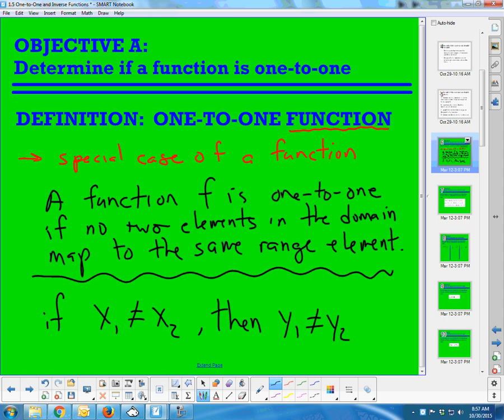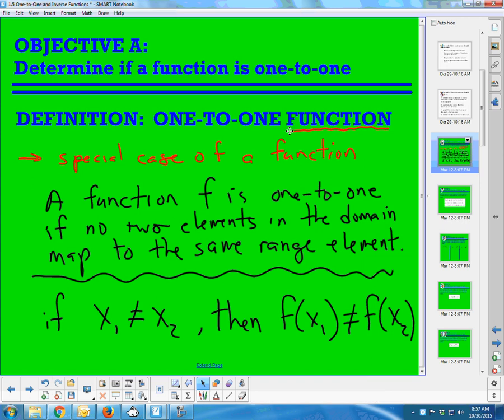But it's probably better said with function notation, since we are dealing with functions. And remember that we get our y's from putting the x's into the function. So this is how the statement would look in its entirety. If x sub 1 is not equal to x sub 2, then f of x sub 1 is not equal to f of x sub 2. Once again, saying that different x's are going to give us different y's. That's essentially what's going on there.